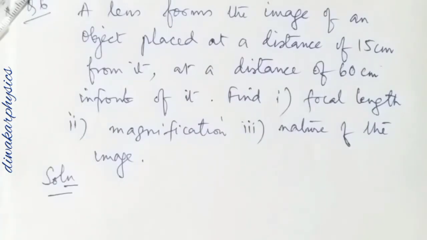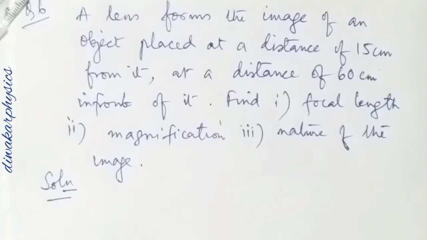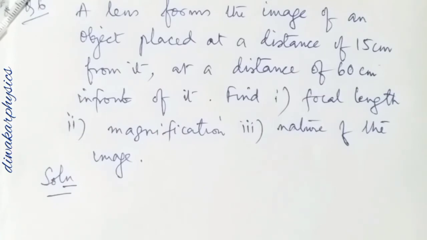Okay, let's see question number 6. Question number 6 is like this. A lens forms the image of an object placed at a distance of 15 centimeter from it, at a distance of 60 centimeter in front of it. Find the focal length, magnification and nature of the image. Okay, so a lens forms the image of an object placed at a distance of 15 centimeter.